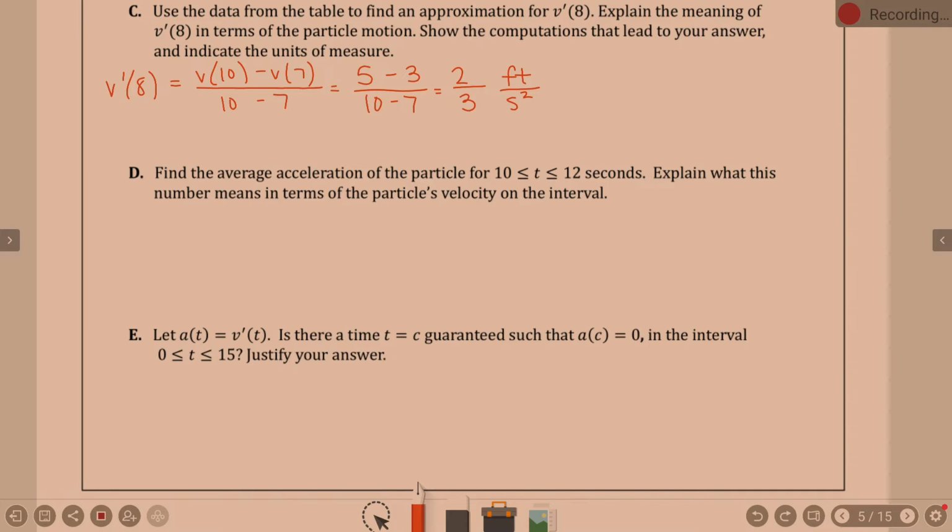So velocity is increasing at t equals 8 seconds. Okay.